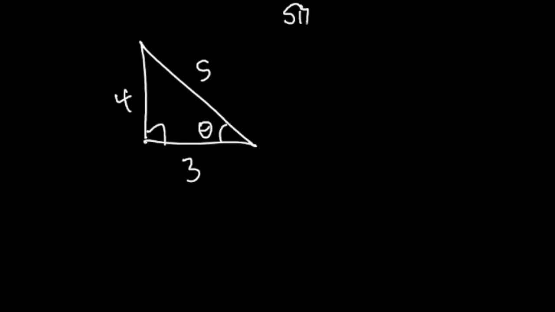Then let's see, sine theta. What would that be? That equals opposite over hypotenuse. So 4 over 5. Okay, easy enough. Cosine theta, what does that equal? Cosine, remember, is adjacent over hypotenuse. So the adjacent to this is 3, and the hypotenuse is 5.